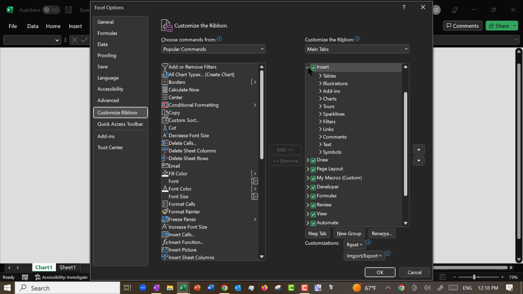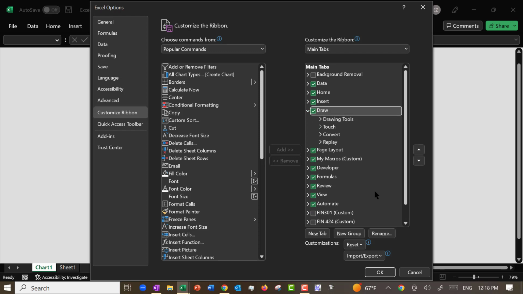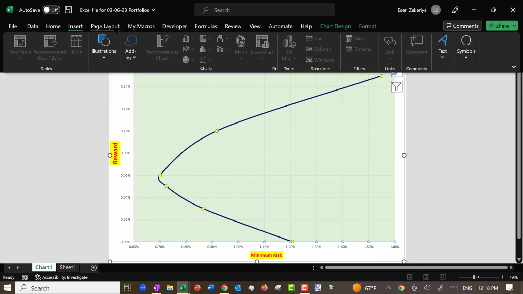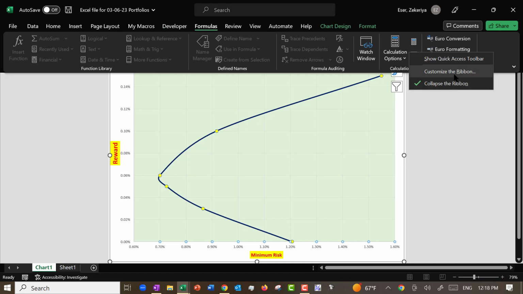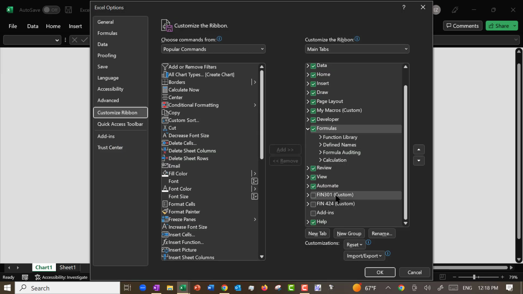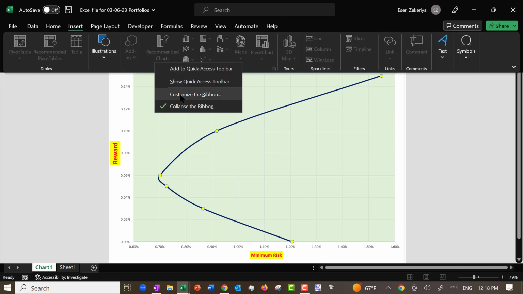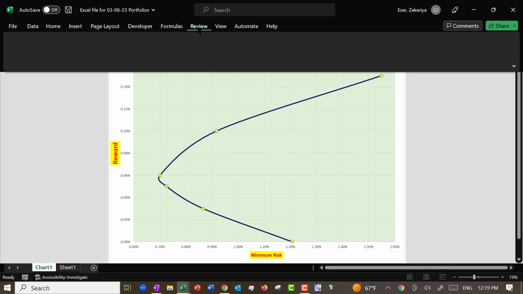For some reason, it's not showing the draw button for me. Anyway, let me draw it here.